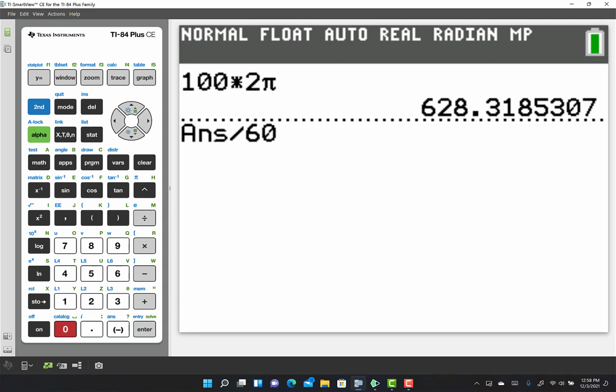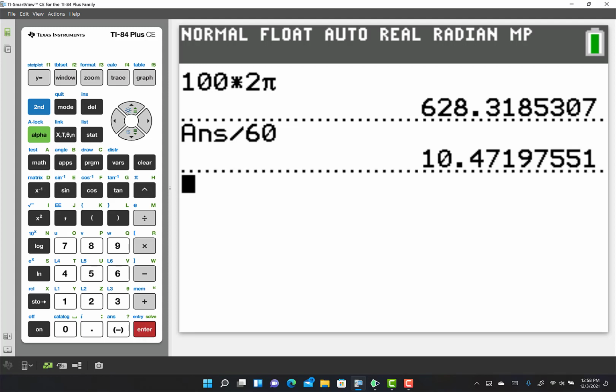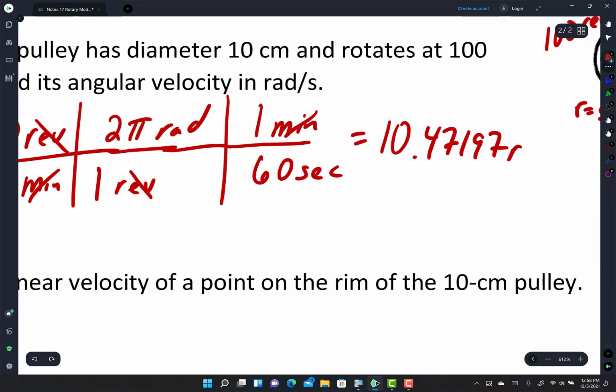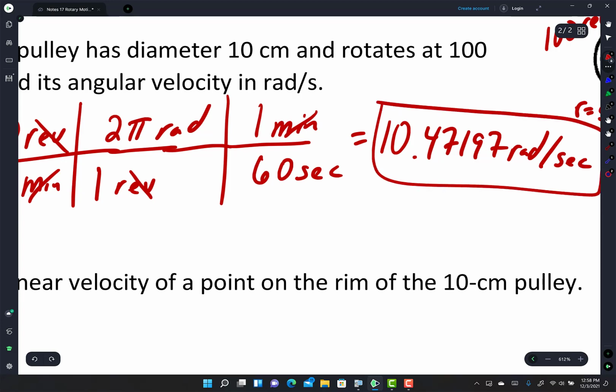Leaving it in terms of pi is actually better because it's exact. 10.47197 radians per second. If you leave it in terms of pi, that's actually probably better but that's fine, no big deal. How do we feel?